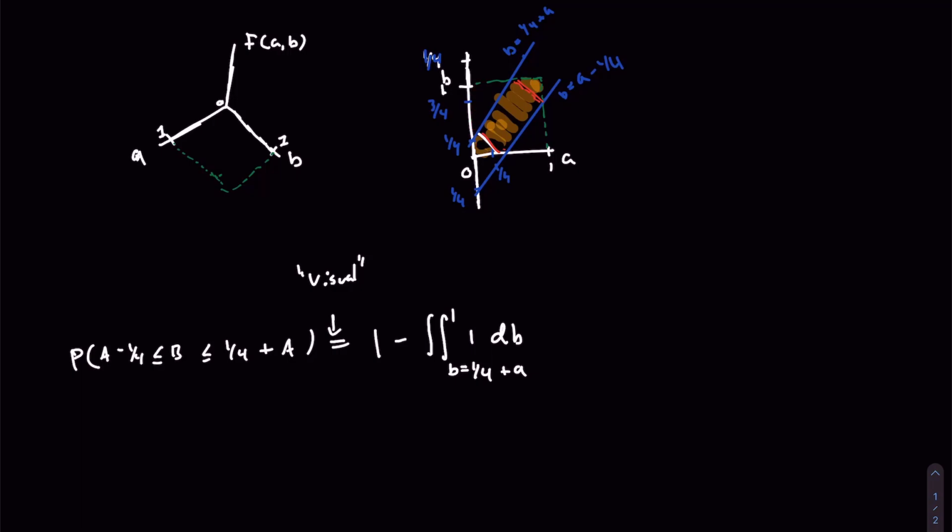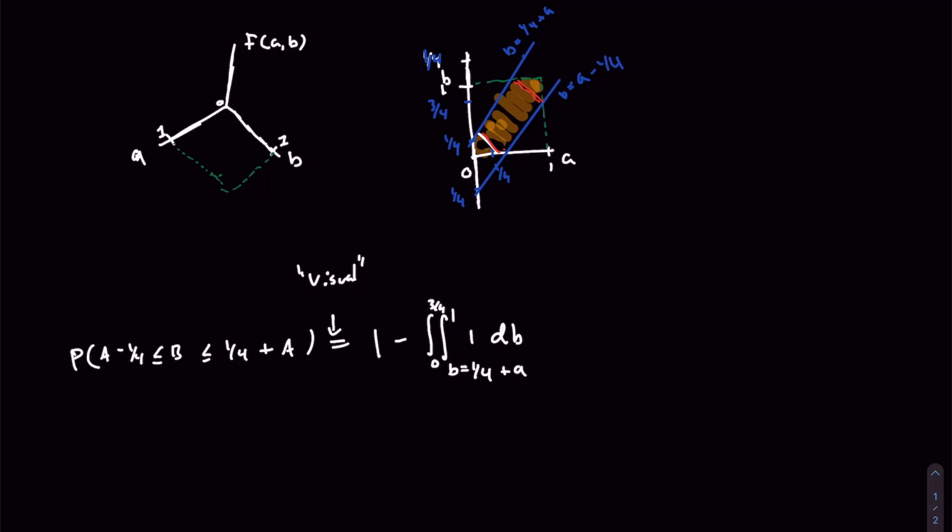And for the outer limit, we have now taken all the b slivers, and now we're moving in the a direction, which goes from 0 up to 3/4. 0 to 3/4, like so.